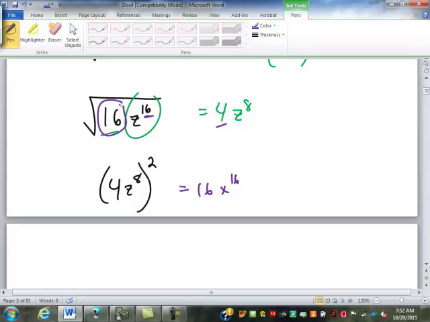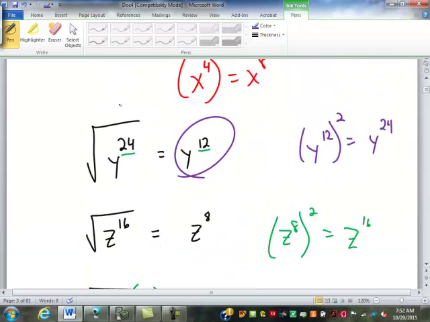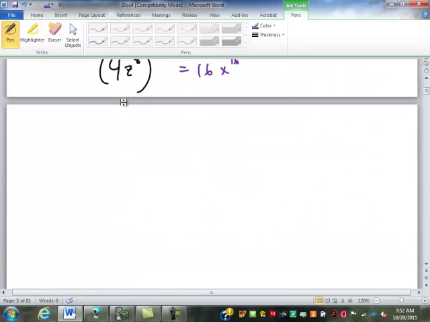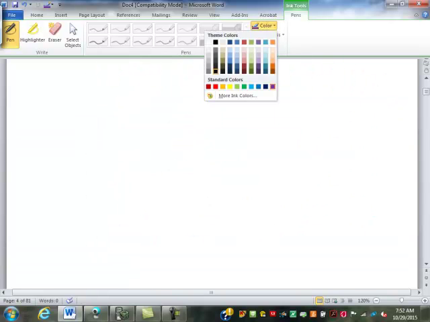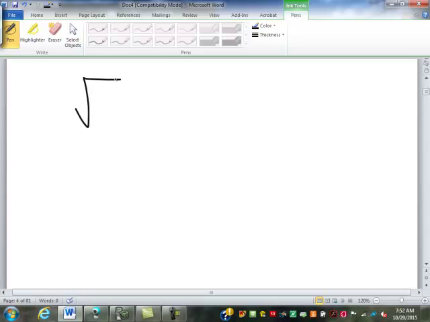Can you scroll back up a second? Okay. So, let's say we have the square root of 81, x to the 12th, y to the 4th, z to the 20th.